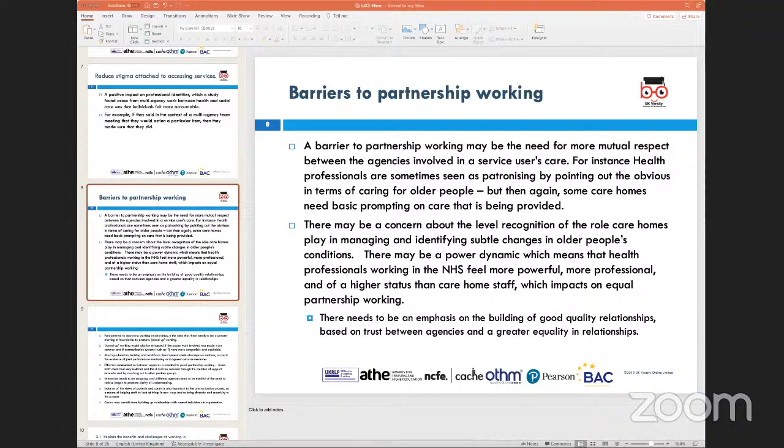So if I look at a barrier in partnership in health and social care, it can be explained by looking at an example of how communication sometimes breaks down.